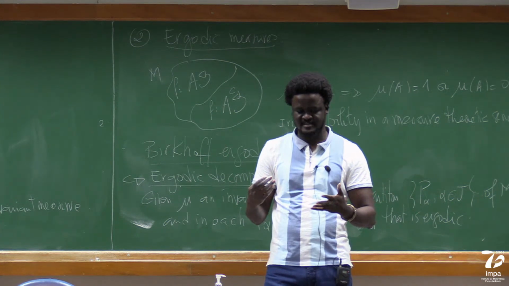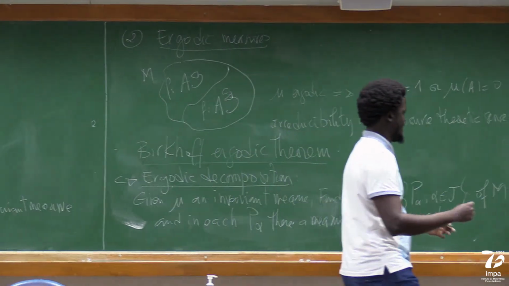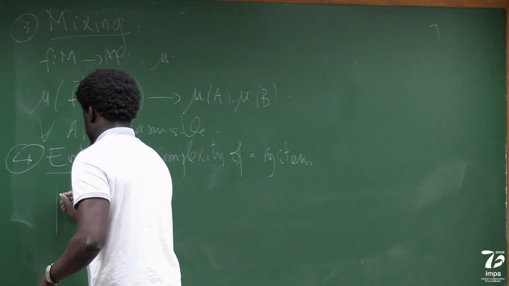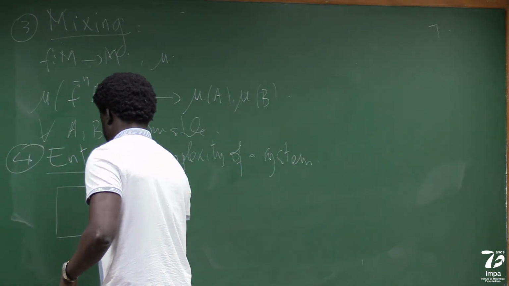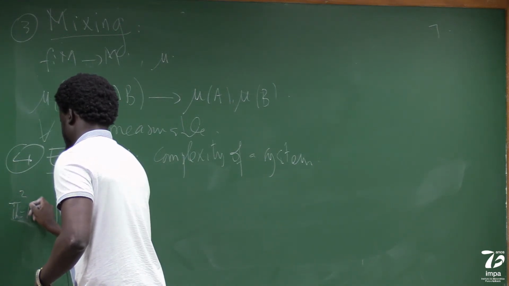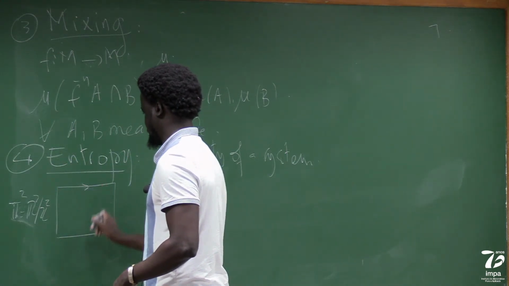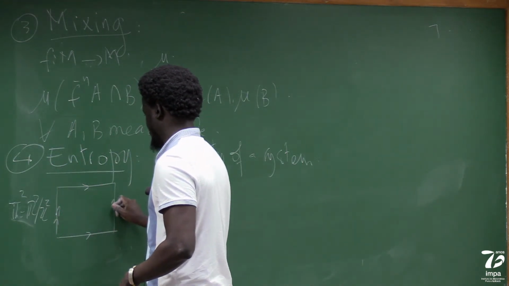Also, if you have a system where every point is periodic, you can think of having just something on the torus, T2, which is R2 modulo Z2. So you identify these two, identify these two.